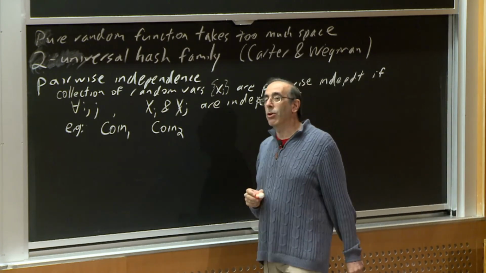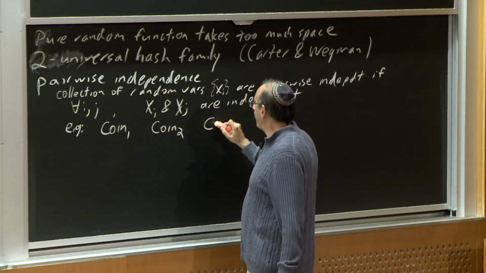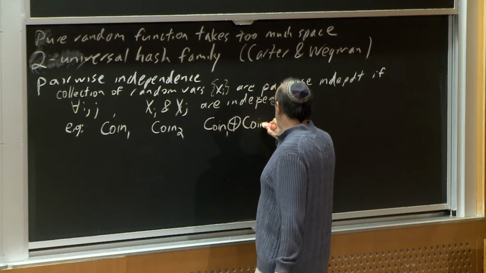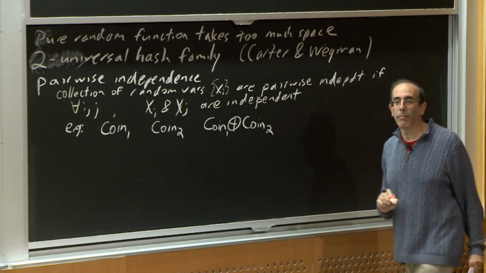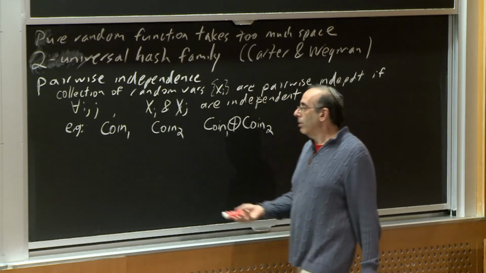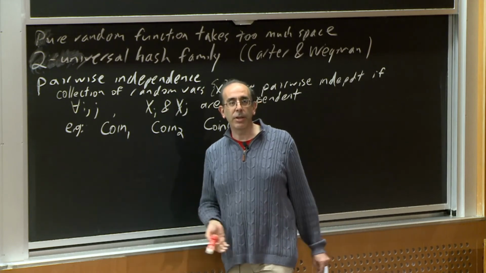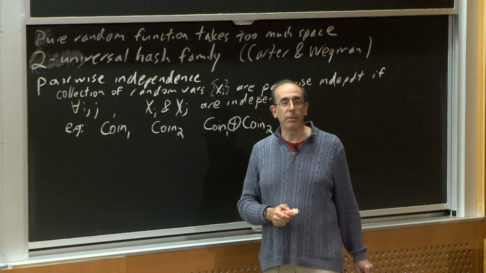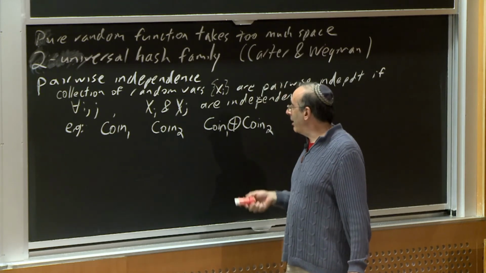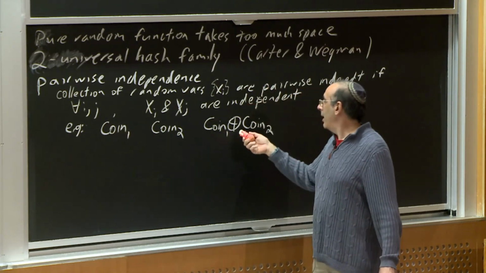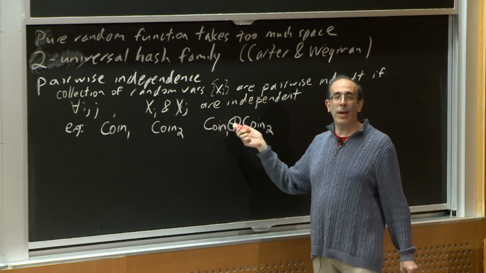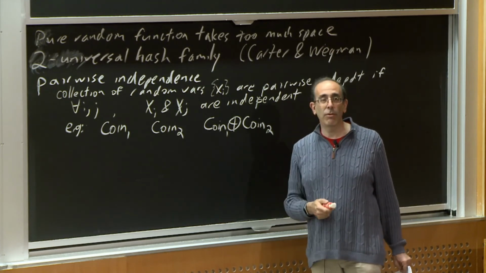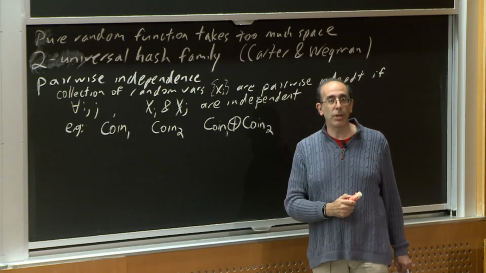But instead of flipping a coin for coin number 3, let's look at the XOR of coin 1 and coin 2. Coins 1 and 2 are, by definition, independent of each other, right? The outcome of coin 1 does not affect the outcome of coin 2. But I claim that, in fact, coin 1 and this pseudo-random coin 3 are also independent of one another, that knowing the value of coin 1 tells you nothing about the value of coin 3.